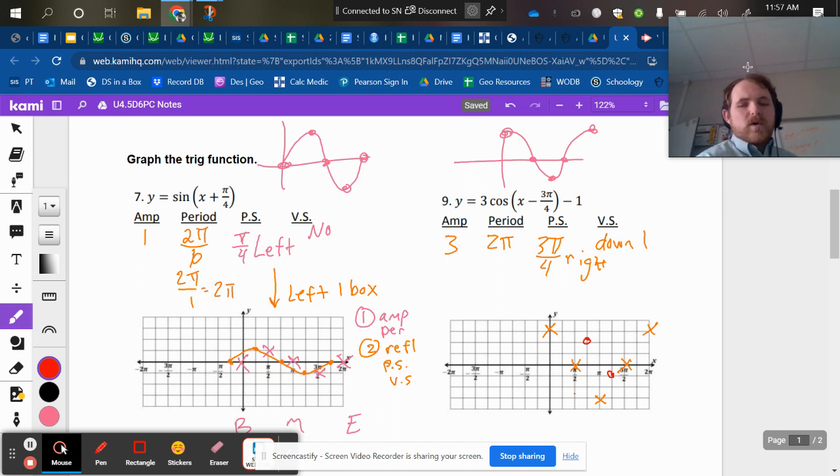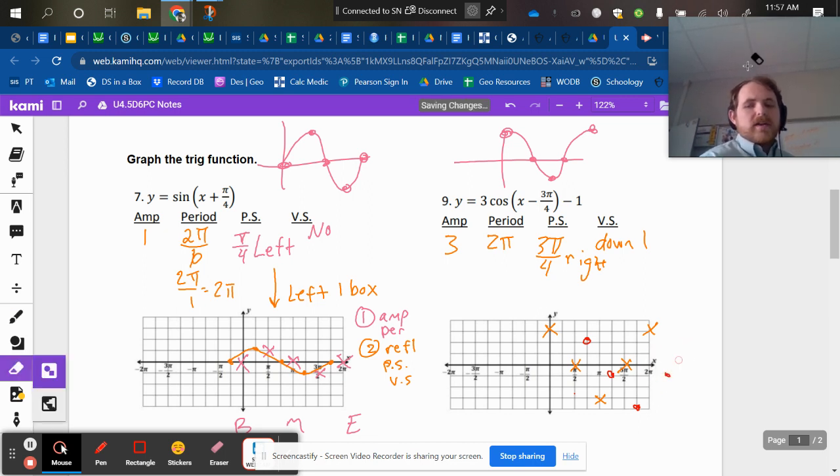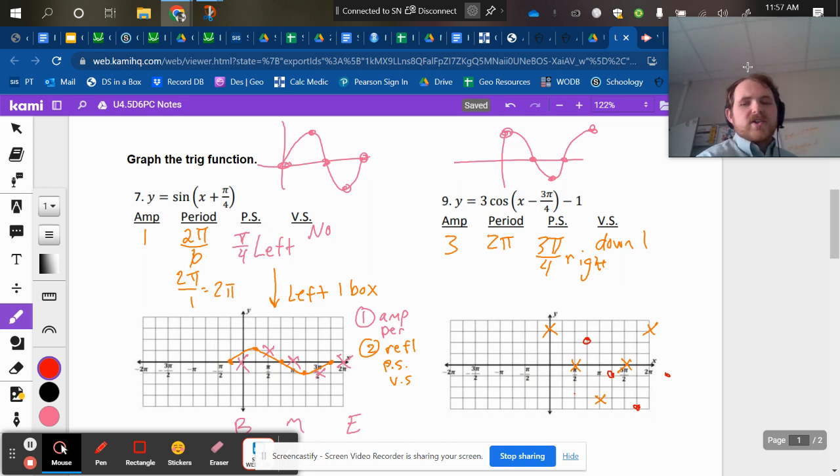Continue the same way for each remaining x, 1, 2, 3, down 1, and the last x, yes, it's taking us off the page, to make that cosine shape. Half a hill, a full valley, and half of a hill.